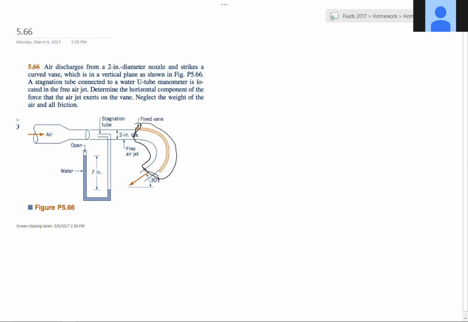All right, so if we make our control surfaces there, what is our governing equation going to be? We'll call this 1 going in, and we'll call this 2 coming out. It's probably pretty obvious that the Rx is going to be in that direction.